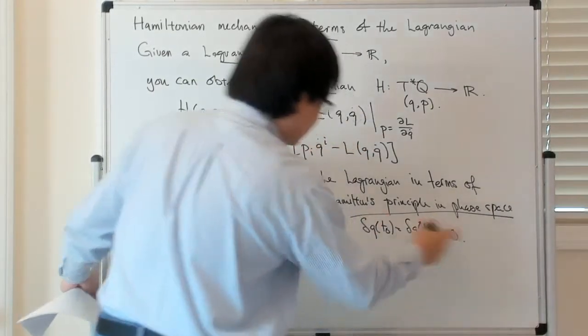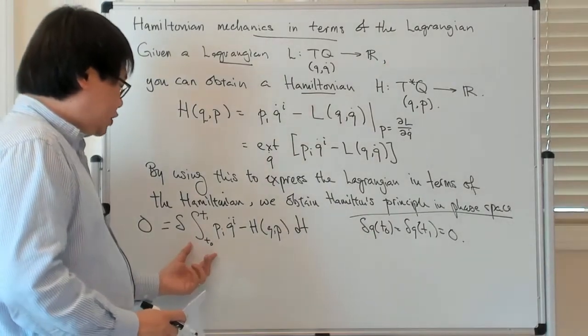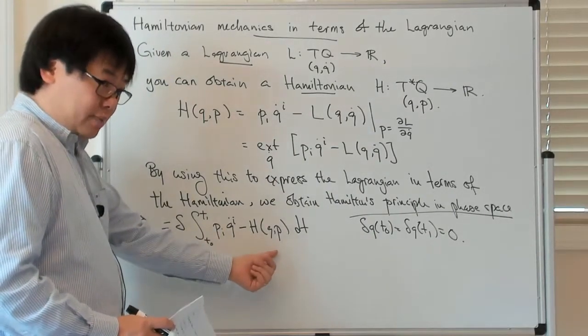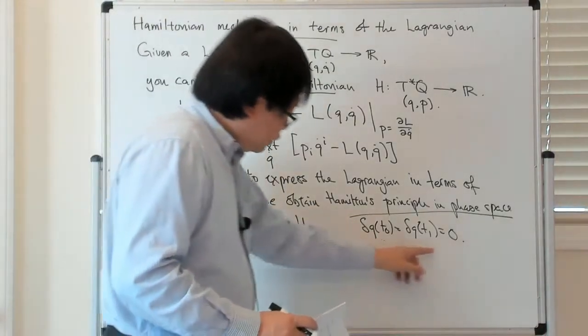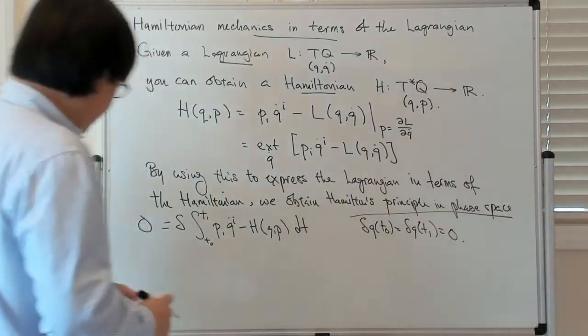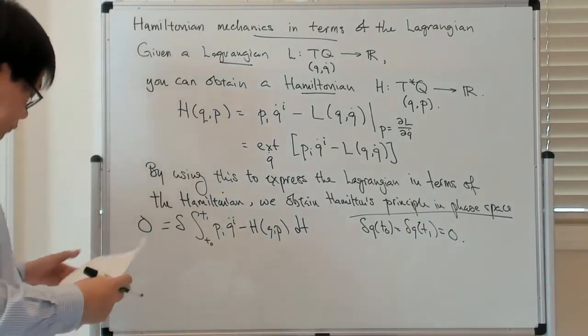Okay, so these are the boundary conditions for the variations. So this is the condition that the variation of this action integral, expressed in terms of the Hamiltonian, is zero subject to variations of Q which keep the endpoints fixed. Okay, that's what we call Hamilton's principle in phase space.